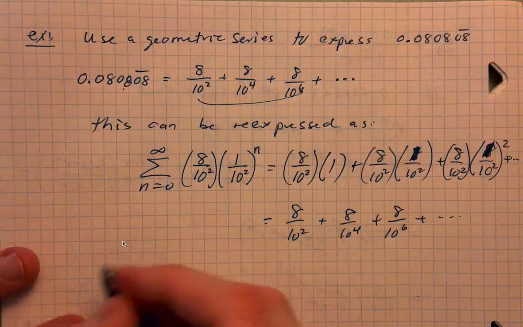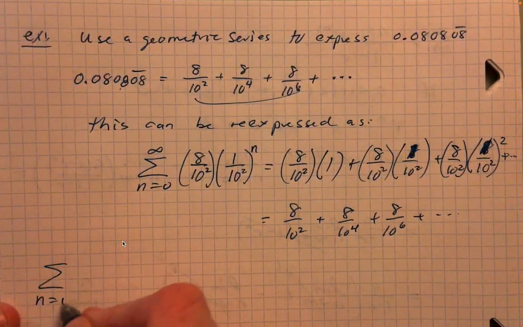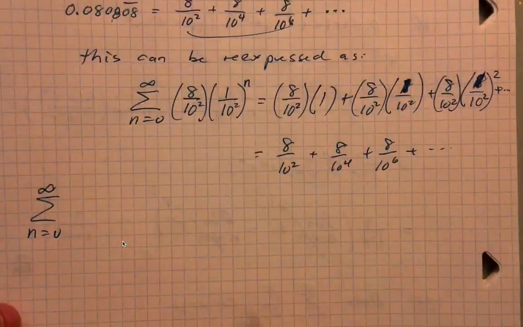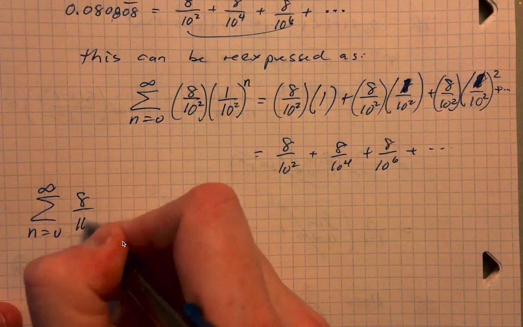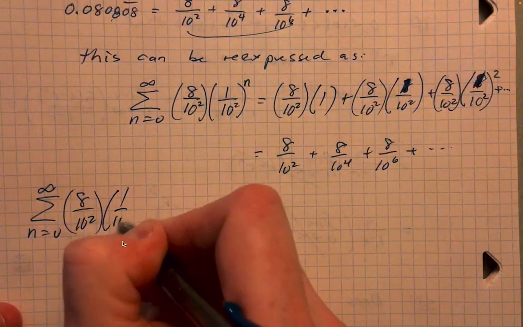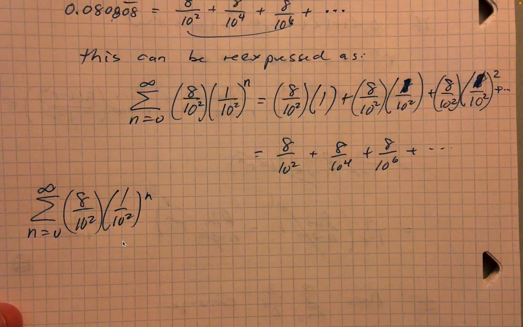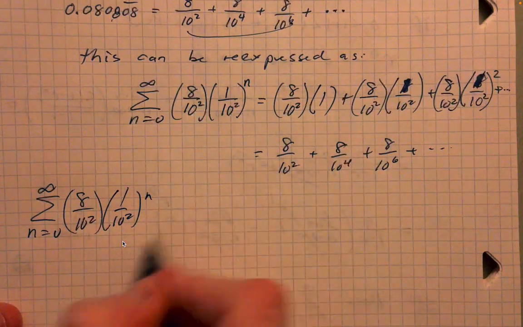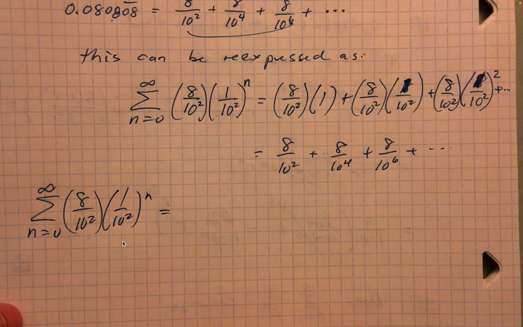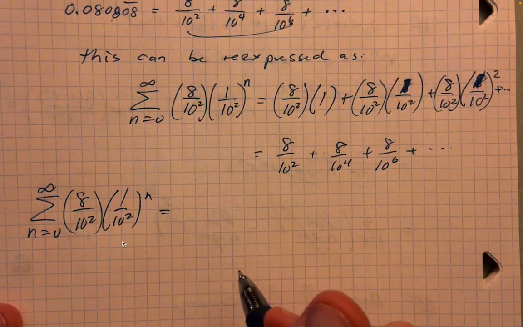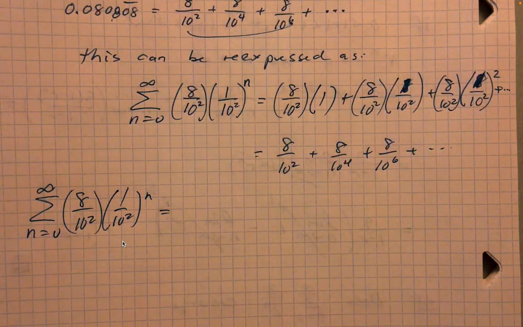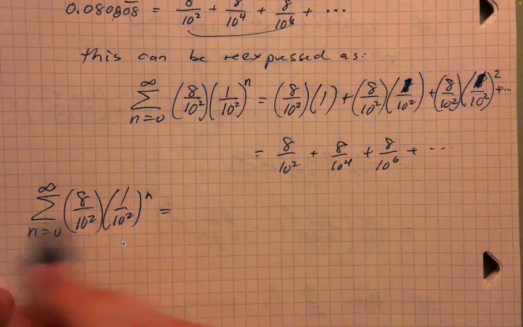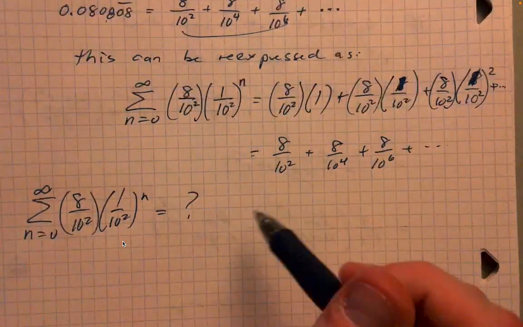So this sum, n equals 0 to infinity, of 8 over 10 squared times 1 over 10 squared to the nth power, can be written like what we just looked at. Basically the question is whether or not this converges, and what does it converge to?